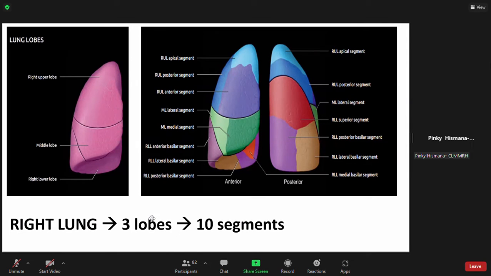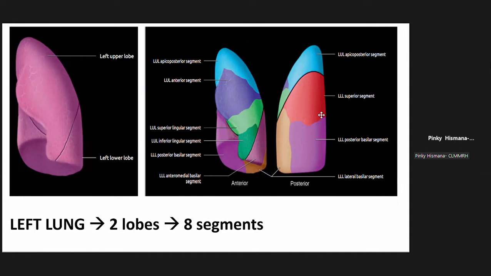On the other hand, your left lung is actually just divided into 2 lobes, right? Because your middle lobe is now incorporated into the left upper lung, and that is part of the segment of the left upper lung which you call the lingula. So your left upper lobe is divided into 8 segments.